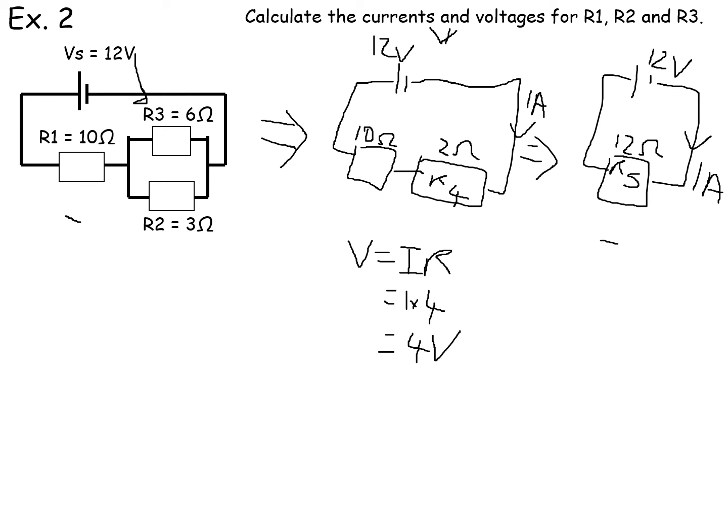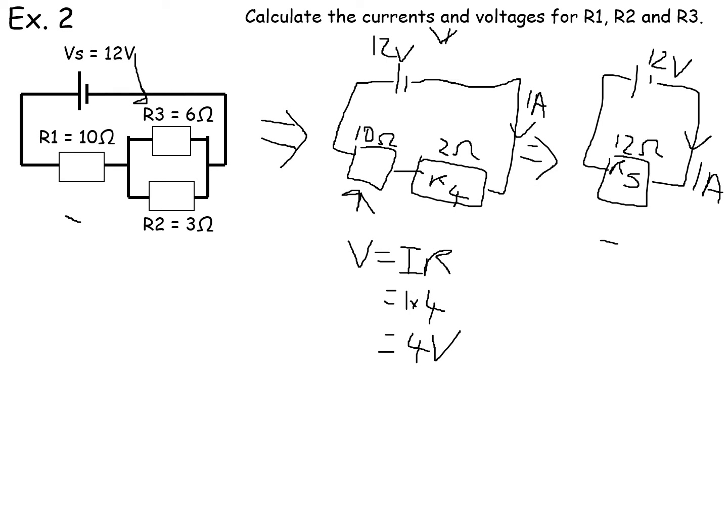Nice and simple. We're just using our series circuit rules and Ohm's law. Now we can use a wee trick here, because we could do the same process, V equal to IR, to work out the voltage here, but we know that the total voltage must equal 12. So if there's 4 here, then there must be 8 here, because 4 plus 8 gives us 12 volts.